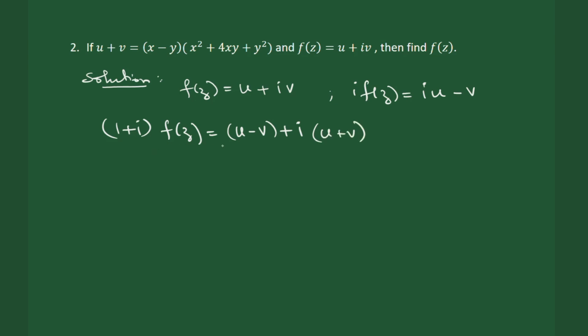Now this is again in the form of real part plus i into imaginary part. So we can use a new notation, capital F of z, instead of (1 plus i) into small f of z. Then this u minus v, the real part, we can consider as capital U, and u plus v, we can treat as capital V. Now this is of the usual form, F of z is equal to U plus iV.